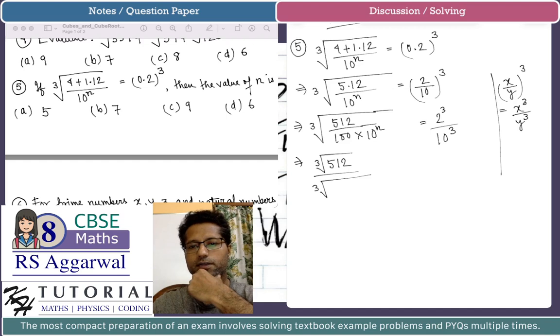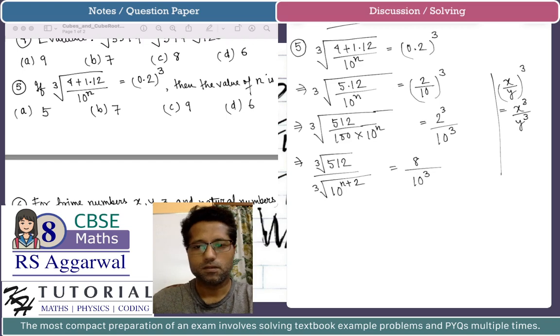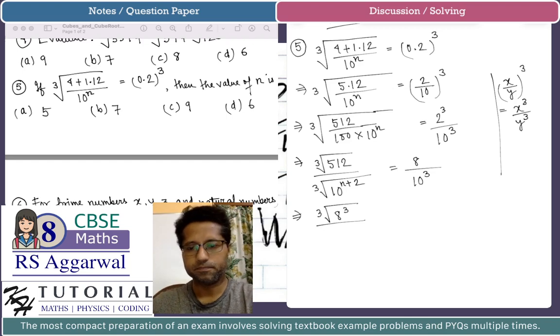100 is 10 squared, so this is 10 to the power n plus 2 is equal to 8 by 10 cube. Now this implies cube root of 512 is, we know that 512 is 8 cube, and cube root of 10 to the power n plus 2 is, let it be cube root of 10 to the power n plus 2.